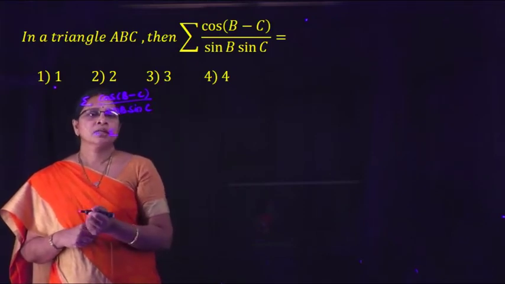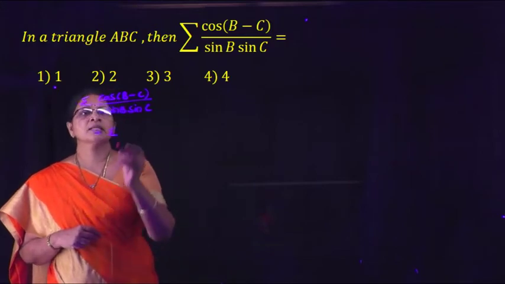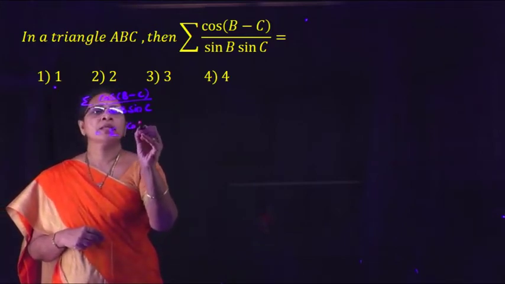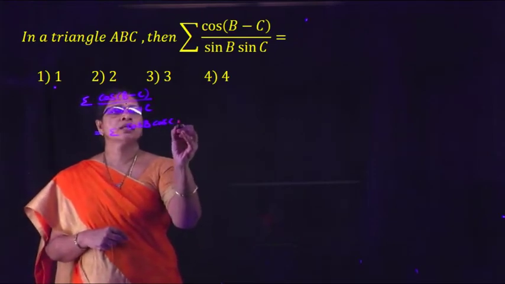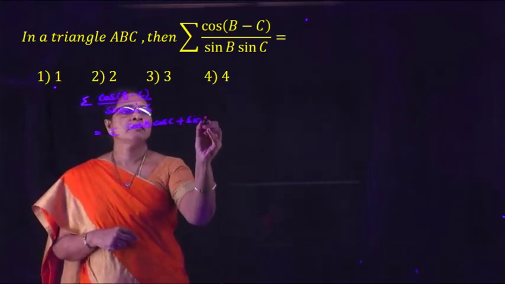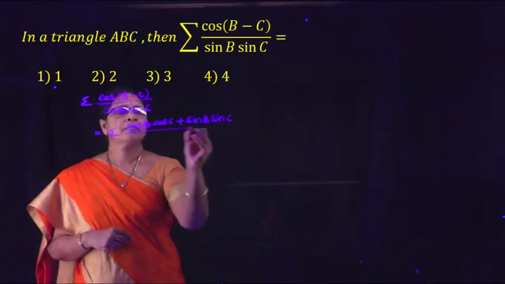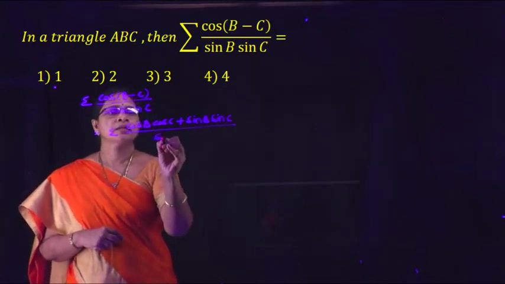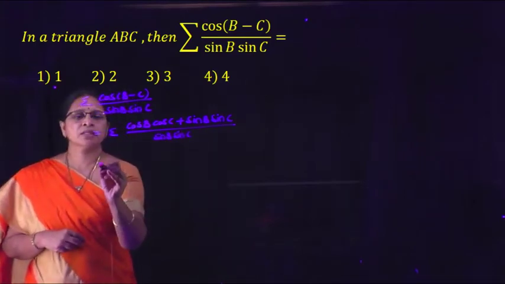We know that cos (a minus b) is cos a cos b plus sin a sin b. Then we can apply the formula. We have (cos b cos c plus sin b sin c) whole divided by sin b sin c, that is equal to sigma.